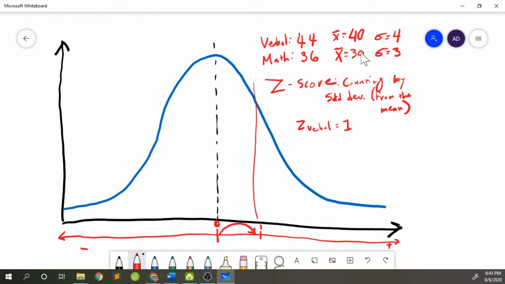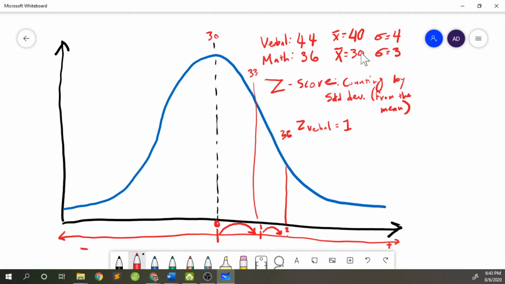What about the math score? Now we're talking about a mean of 30 and a standard deviation of 3. So 1 standard deviation would be 33. 2 standard deviations would be 36 above the mean, right?